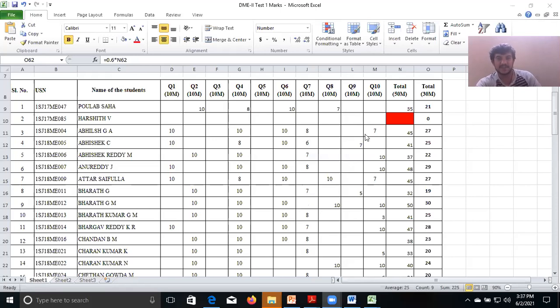The first is a total of 50 marks, then you round off to 30 marks by multiplying by 0.6. Take anyone, you can see this. The N column shows out of 50, the O column shows out of 30 marks.